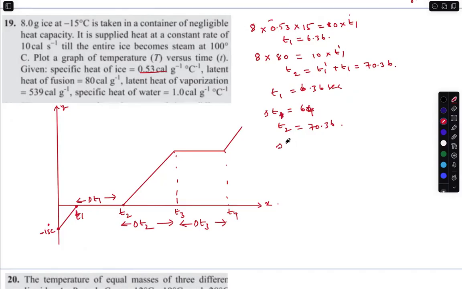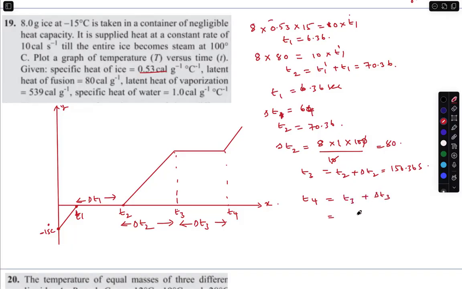And now I am calculating delta T2, and that is 80 into, by the way, what is the specific heat? 1, fortunately, into 100 by 10. So that is 80. 80 is to be added to 70.36. So T3 is T2 plus delta T2, so 80 plus 70.36, that is 150.36 seconds. And T4 is what we want. T4 is T3 plus delta T3.